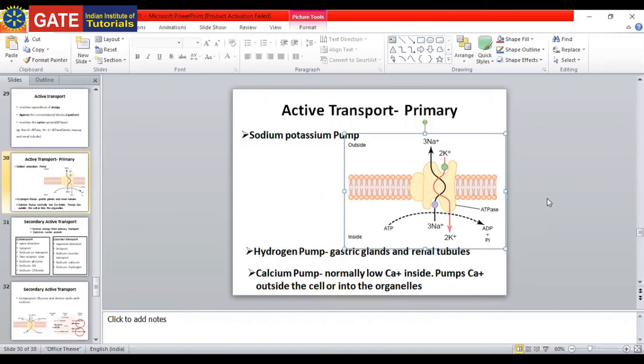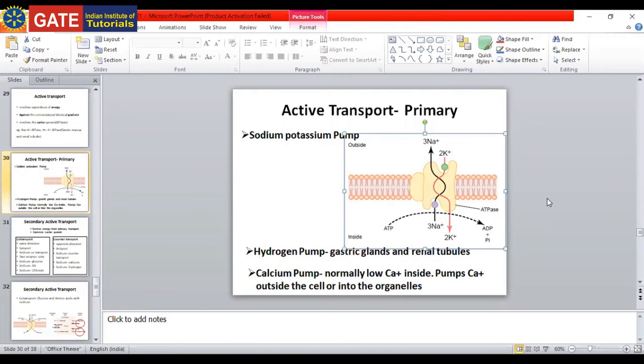Do I need energy to go downhill? No, ma'am. So what example am I asking you about? I'm asking you about active transport. So in which direction should the sodium move?